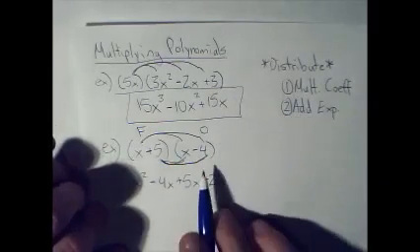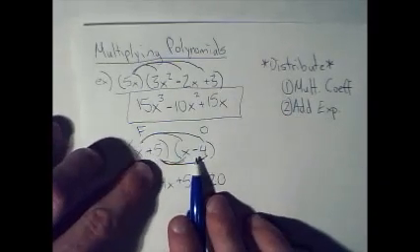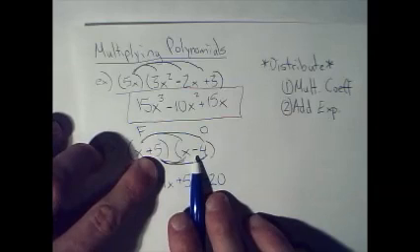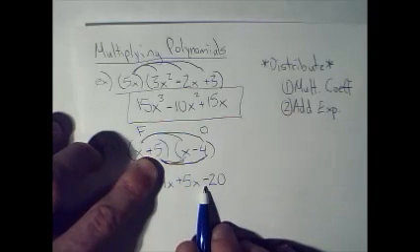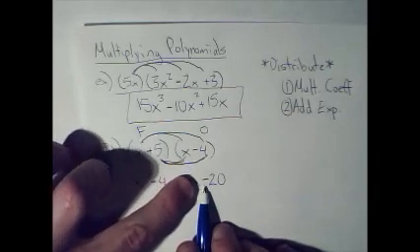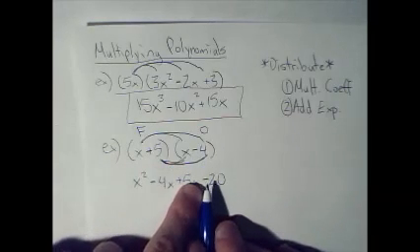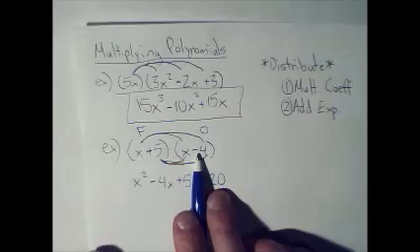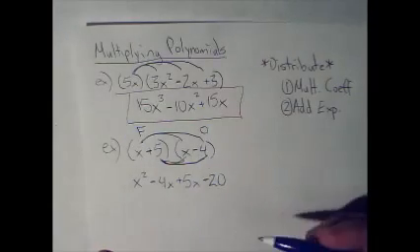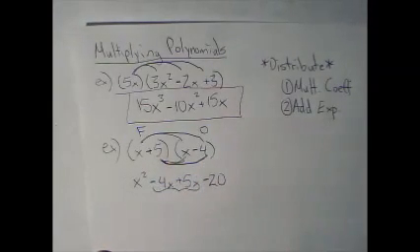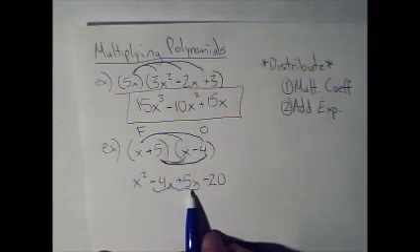Now, I want to emphasize because all of next unit, as simple as it is to say 5 times negative 4, when I say negative 20 here because they're different signs, next term, that's going to be the first thing that we're going to look at is when we're unfoiling, I'm going to look at what made that negative was different signs. But we'll talk about that next unit. Right now I have combining my like terms. I have a negative 4x and a 5x.